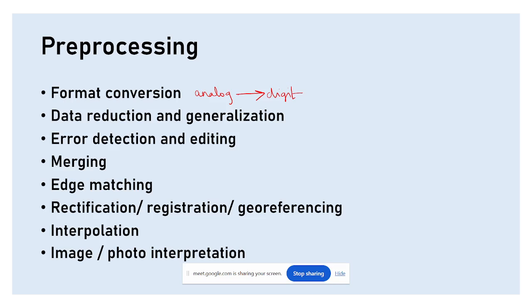I'm just giving a few examples to say what each of these means. So analog to digital conversion, or, for instance, you might be familiar with the TIFF format. Sometimes TIFF itself will be converted to GeoTIFF, where you also have the geographic information.